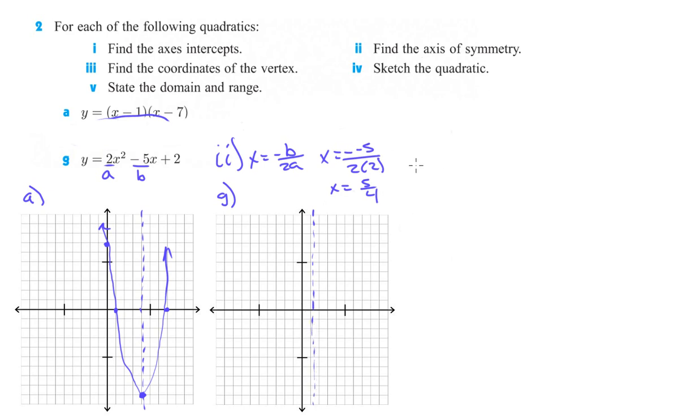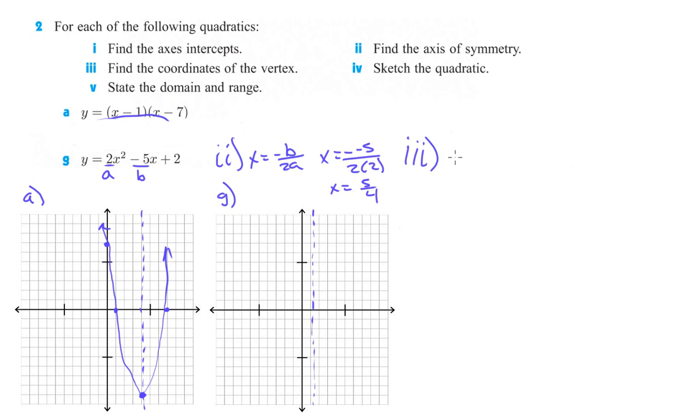Okay. Then let's see, I guess we can find the y coordinate of the vertex, right? We're still going to have to go back and find the axes intercepts, but this is going to give us a decent idea what this thing's going to look like. So let's see, part 3, find the coordinates of the vertex.